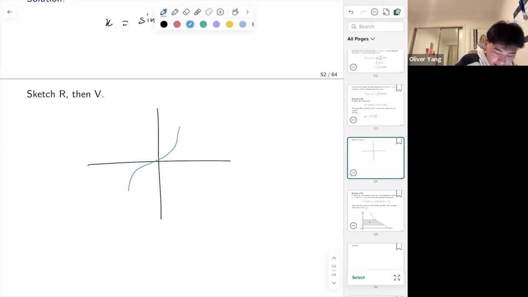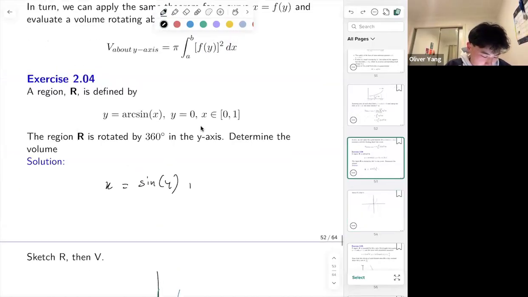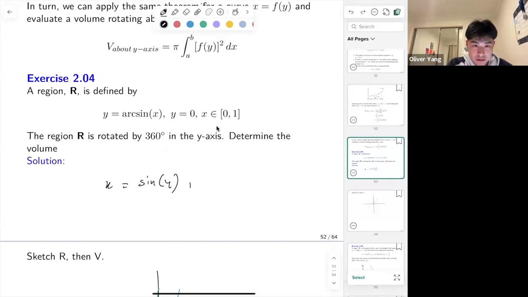It's going to go from 0 to 1, and we're only doing the positive part, so we're just rotating this part. So we want to find the equivalent terminals on y. What would those be to set up our volume of revolution?